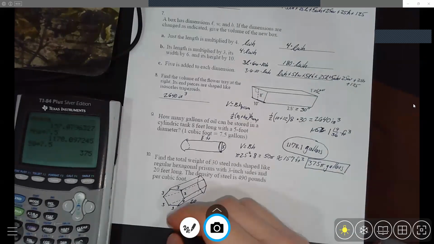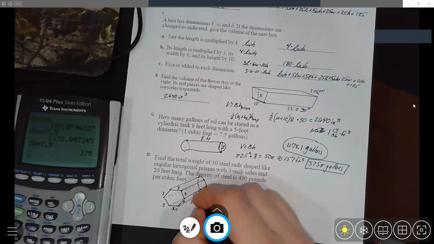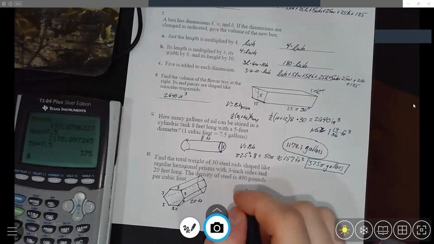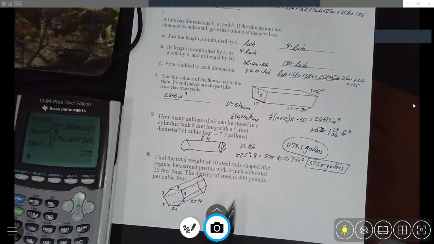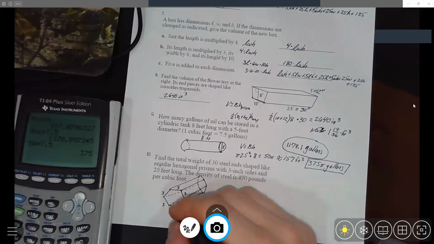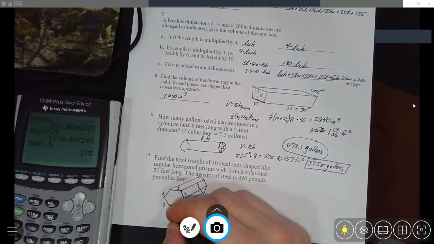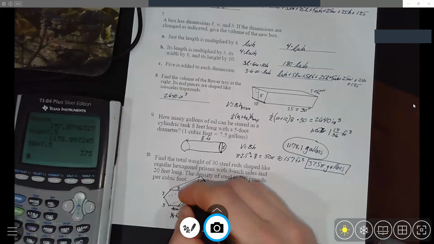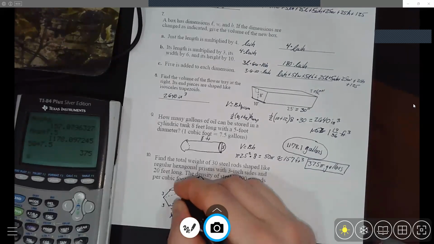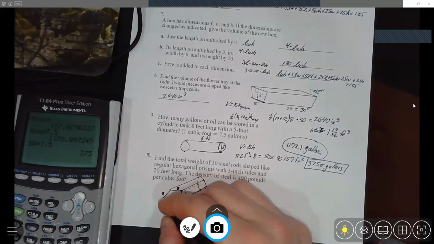But this is in inches and this is in feet, and we're looking at 490 pounds per cubic foot. So we should really change these all to feet. So 3 inches is 1/4 of a foot. So we'll use that dimension.